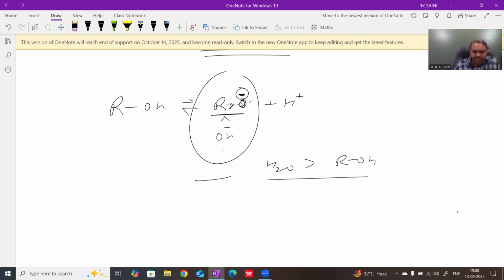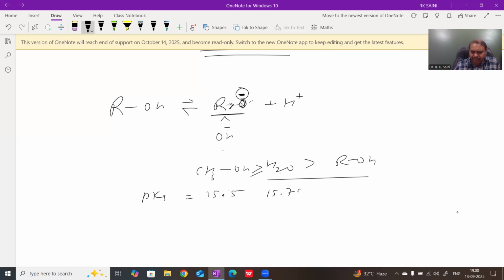But exceptionally, methanol is slightly more acidic than water. The pKa of methanol is 15.5, the pKa of water is 15.74, and the pKa of alcohols is nearly 16.